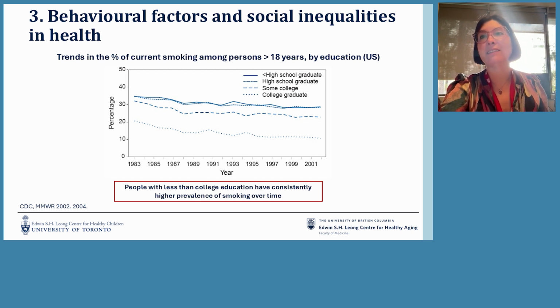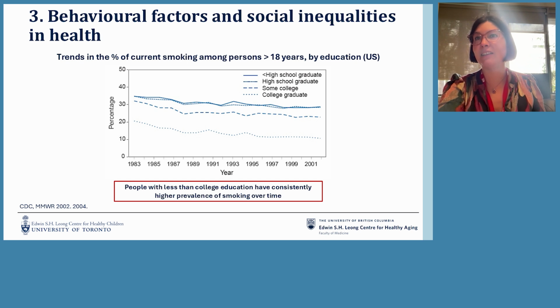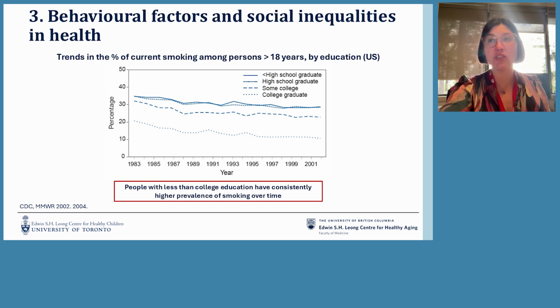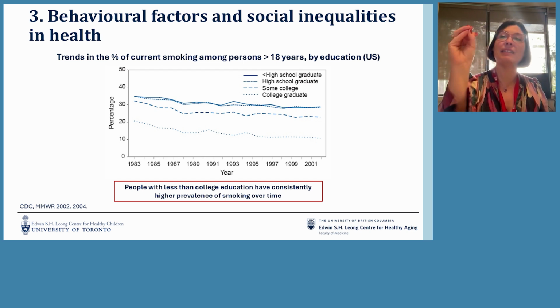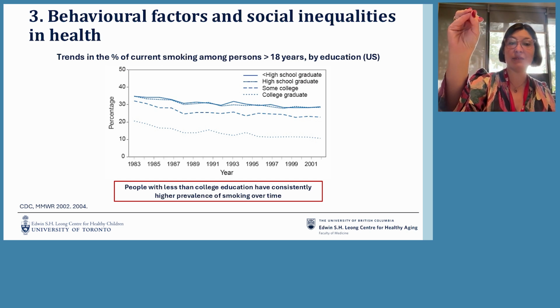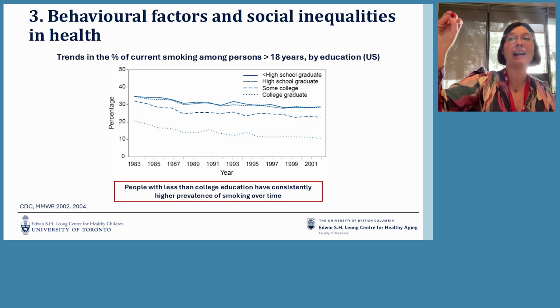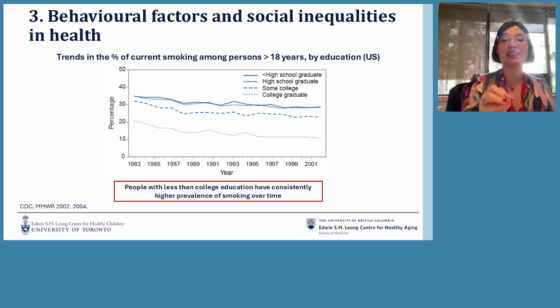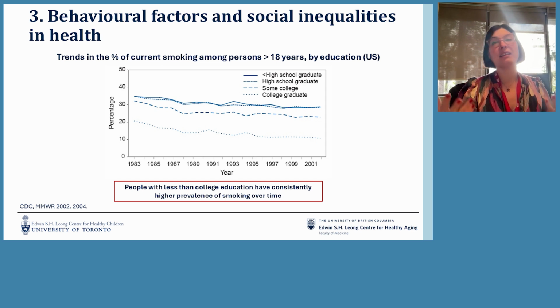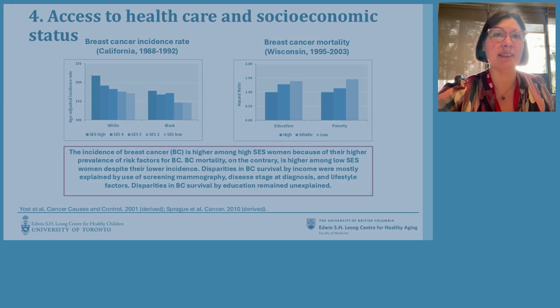This is US data, and we see the trends in the prevalence of smoking, which have decreased enormously, like halved, in participants who were college graduates, but have decreased by a much lower percent among high school graduates, meaning that inequalities in the frequency of smoking are higher in the 2000s than in the 80s. And this is clearly the pattern of smoking, a very large contributor of inequalities in health.